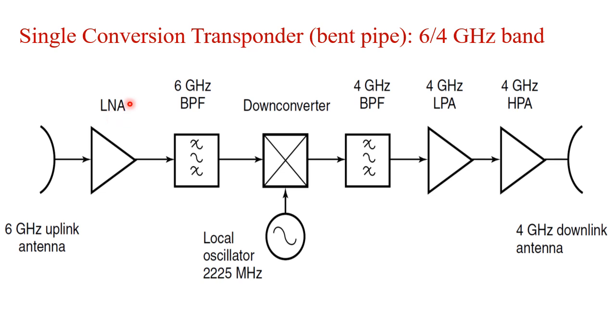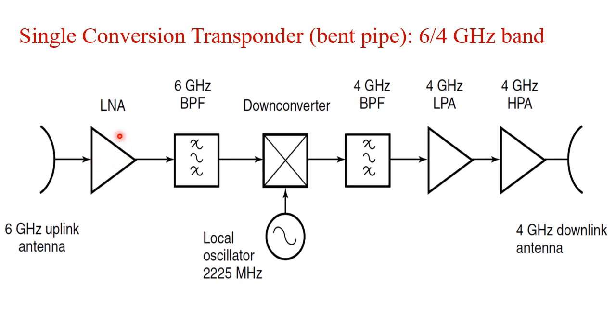Now, why do we have to use a low noise amplifier? Because a low noise amplifier will produce a minimum amount of noise, and obviously it must have very high gain, right? Very high gain and low noise figure will ensure the overall noise figure of this whole system.